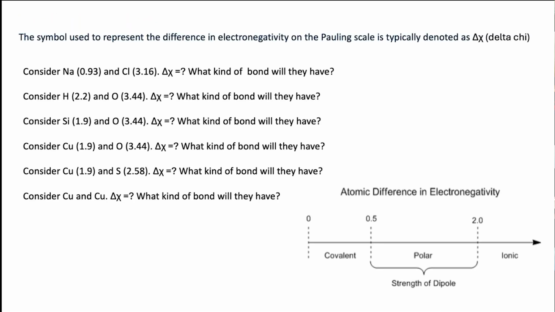And just to clarify, when you say strength of dipole, if the difference in electronegativity is close to 0.5, is that dipole stronger or weaker than if it's 1.9? That'd be a weaker dipole, and then as you get closer to ionic, it would be a stronger dipole. Okay, so water is 1.2. Yeah, so somewhere kind of smack in the middle. Okay, thank you.